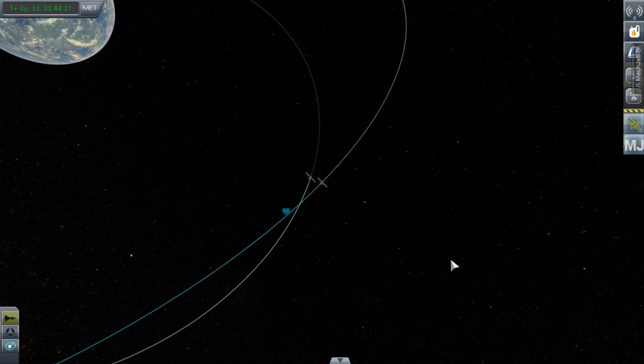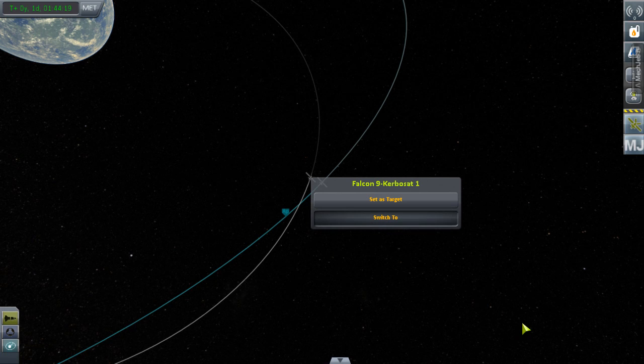There's Kerbostar 103 East. There's going to be several Kerbostar satellites on operation in geosynchronous orbit. And then in a few years, other payloads will be launched to replace them.